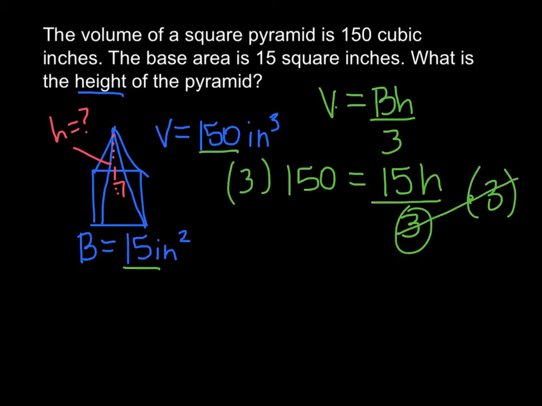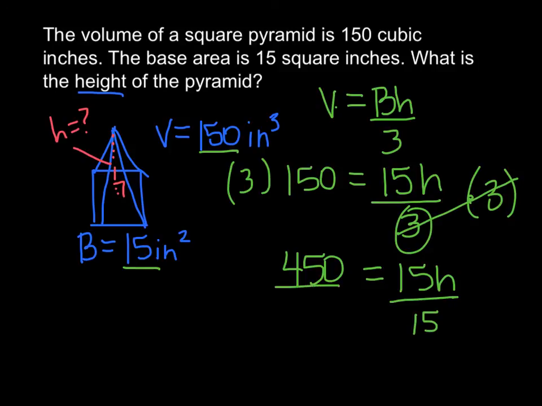So those divide out because 3 divided by 3 is 1. So we're just left with 15H equals 3 times 150, which is 450. How do I get rid of the 15 being multiplied to the H? We divide. So I know that 30 inches is the height of the pyramid.